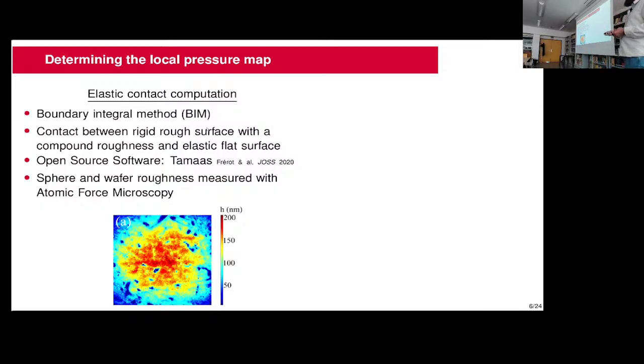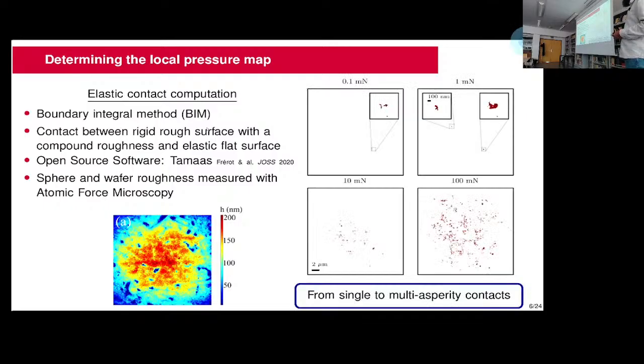So what do we get? We can make the elastic contact computation for a large range of loads. At the lowest load that was used in the experiment, you see that the contact is actually one small contact, but as you increase the load, you start developing additional contacts up to a point where you have multiple contacts that make the frictional interface.